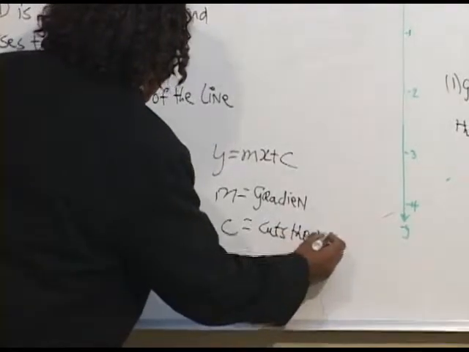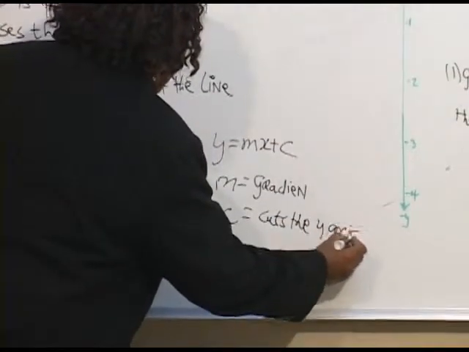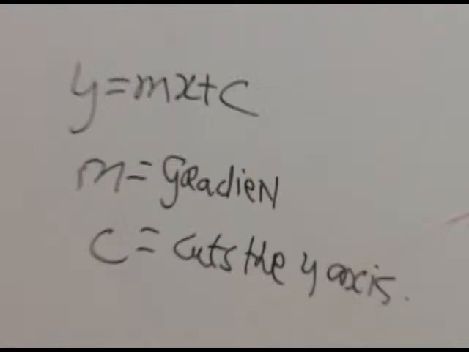Okay? And it is this combination then of finding the gradient, of getting where it passes through a particular point, finding the value of c, that we would be able to generate and to find the equation of any straight line.